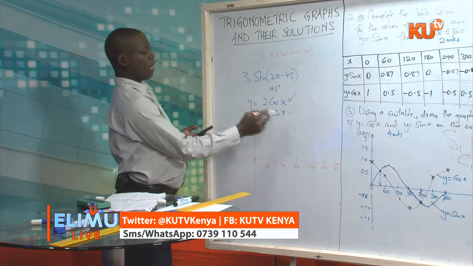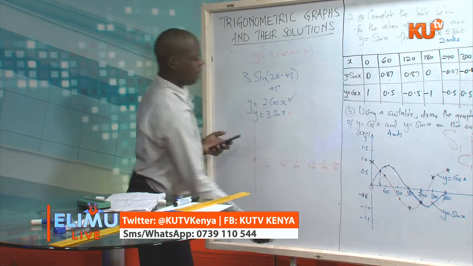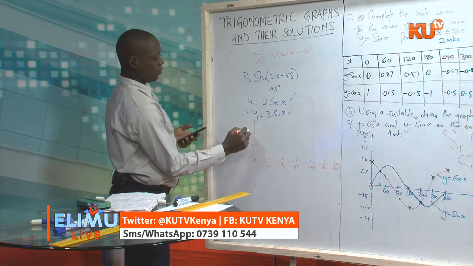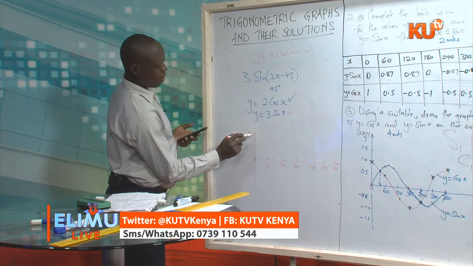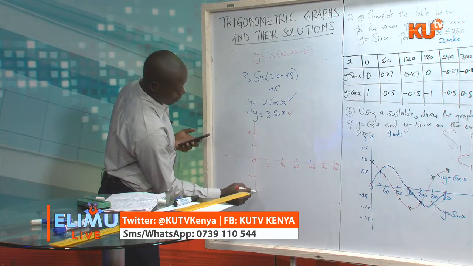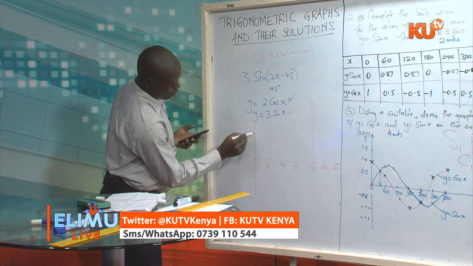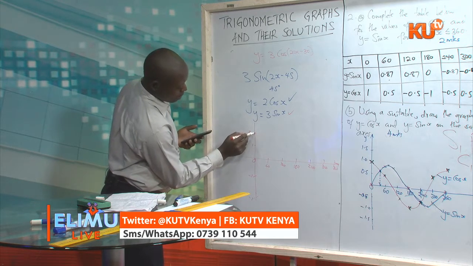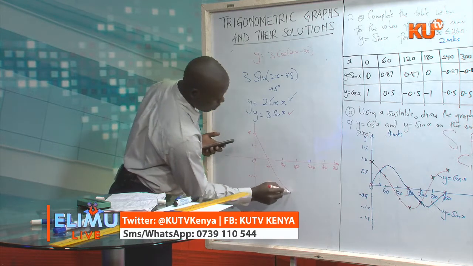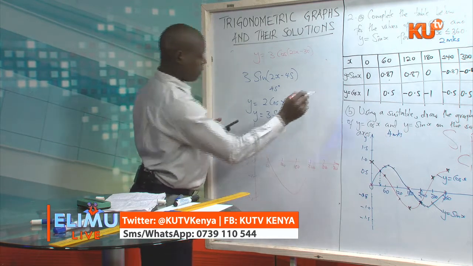So this is twice the graph that we have here. So now we shall have this is 1 and this is 2. So our curve will start from this point. This is -1, this is -2. And so it will run that way.